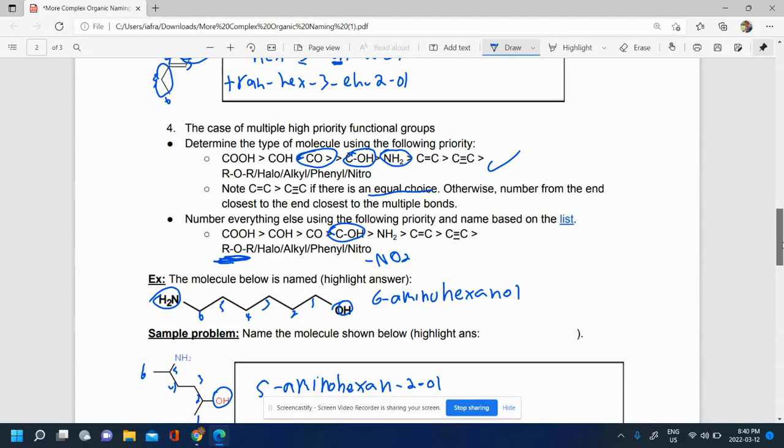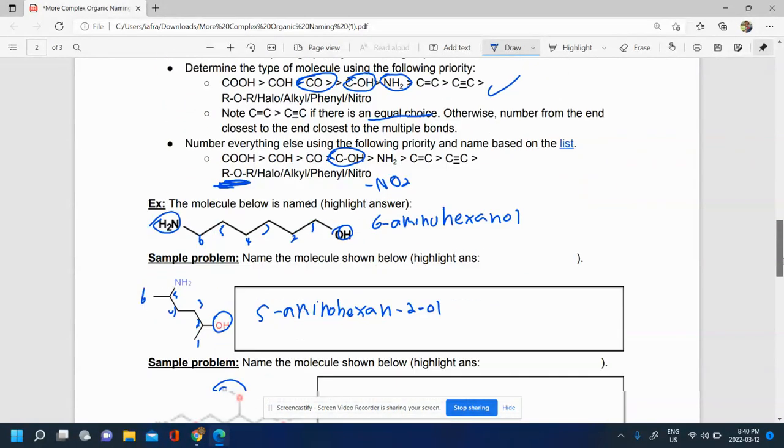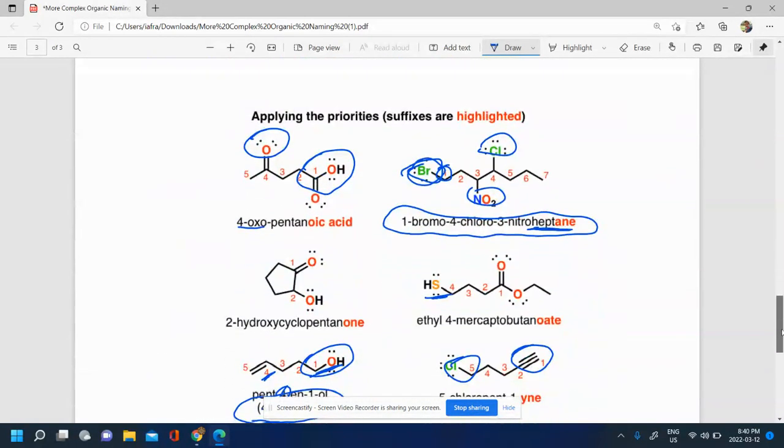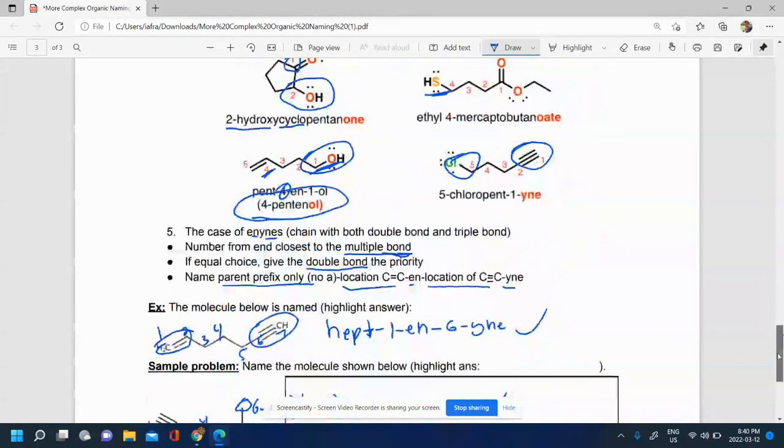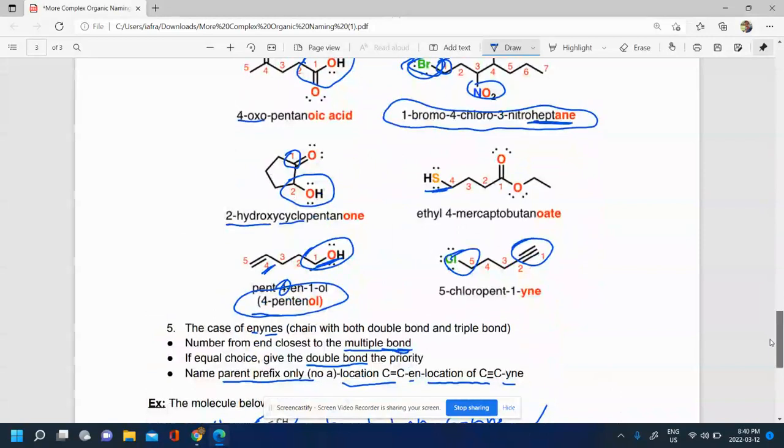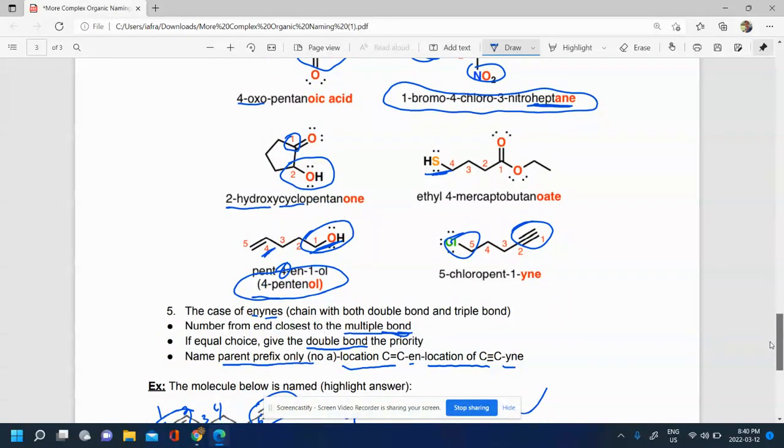The double bond is higher in priority there than the OH by itself. So that works. So this is our substituent of OH, and so we have 2-hydroxy. This would be the first carbon. So cyclopentanone. So it's basically a ketone, but we have to put cyclo in the front because it is a cyclical ketone. So again, that's a good exercise to go through those molecules to see if you can figure out why the names are the way they are.